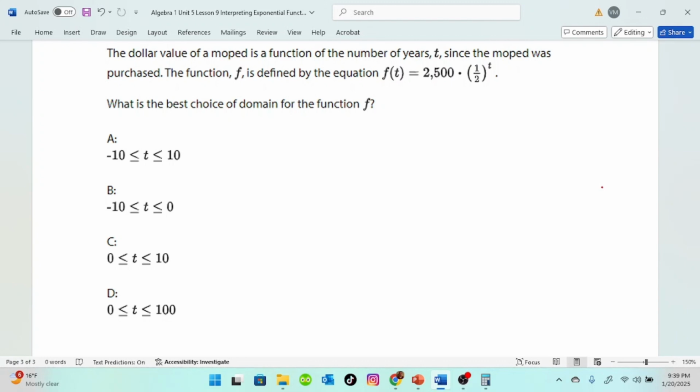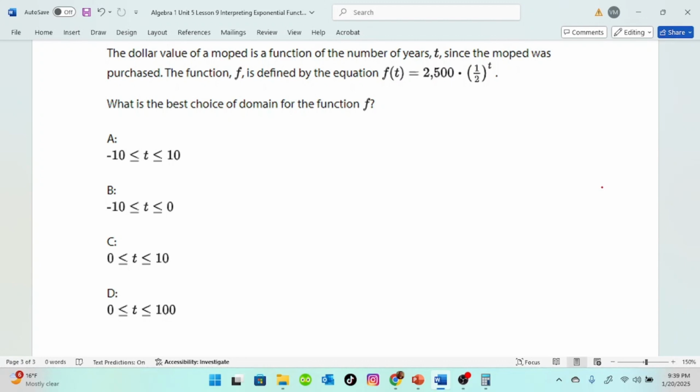Mathematically, we could go back 10 years before the purchase of the moped. But in this context, it doesn't make sense to go back 10 years before it was purchased.